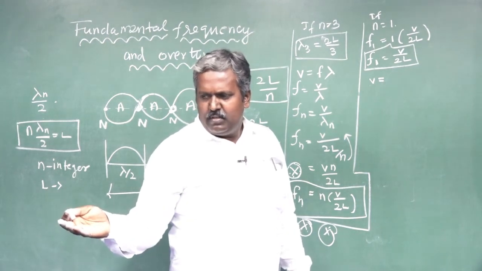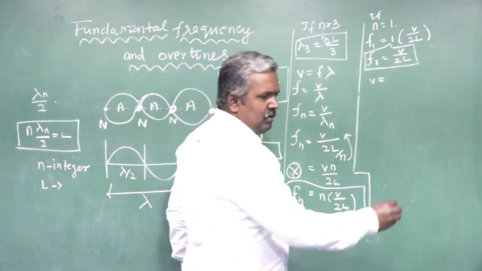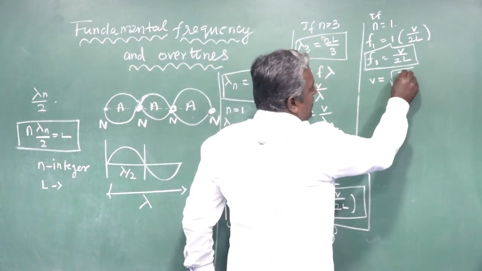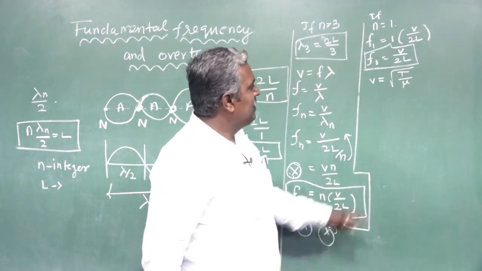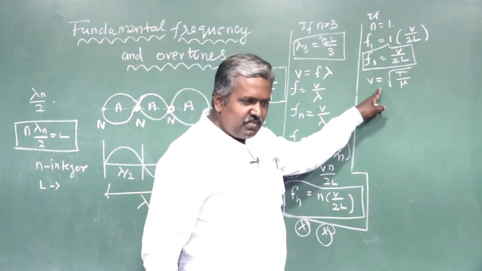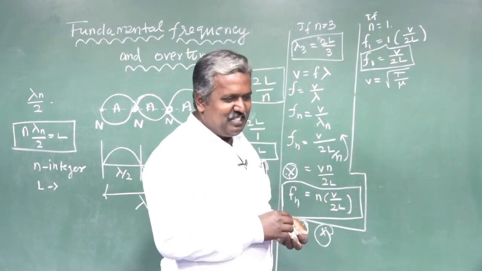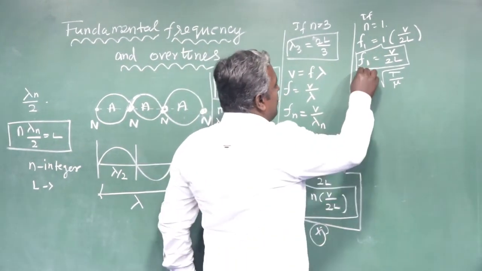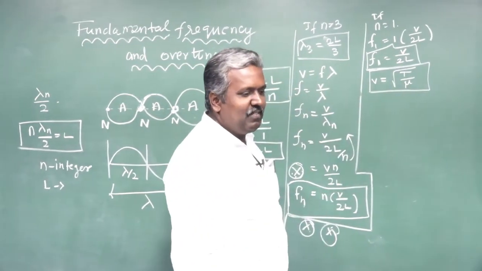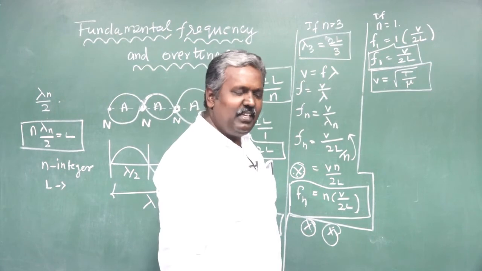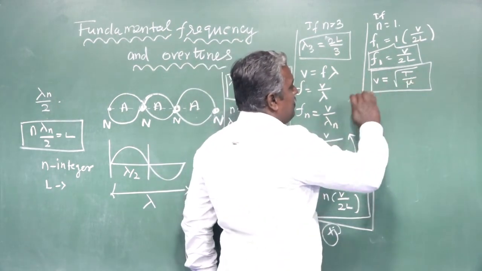Root of T by mu, correct, you are correct. That is the velocity of transverse wave in a stretched string. Keep in your mind, this is a very, very important formula. Use it for solving problems, in the theory or NEET examination. Root of T by mu.